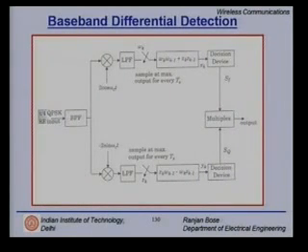Please note, the pi by 4 QPSK essentially works on 2 constellation diagrams. So that is a good way to understand these things. For every symbol that comes in, it alternates between the two constellation diagrams, and in that case it's only possible to have a maximum phase shift of 135 degrees, provided the two constellation diagrams themselves are offset by pi by 4 only.